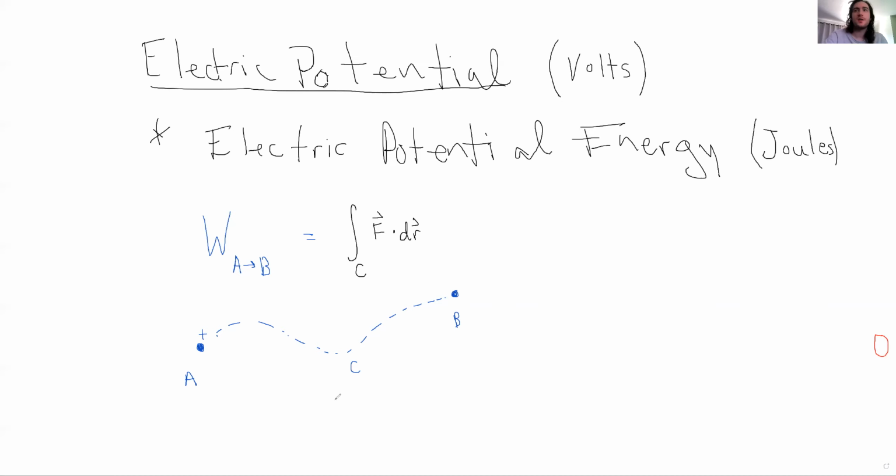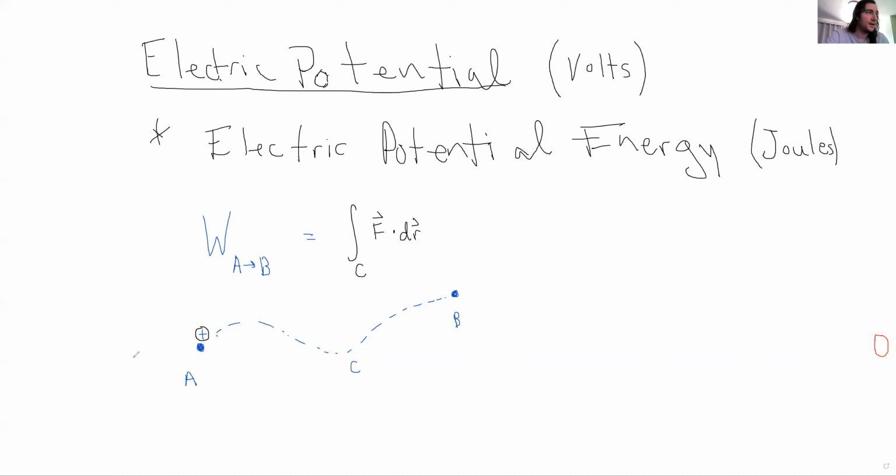The next thing that we should consider for our picture here, let's just recap. We've got this point A and this point B here, and there's some curve connecting those two points. And we've said we have this positive charge over here at the point A, and it's going to move along this path from point A to point B. And there's some sort of electrical force acting on this particle. So it might be a good idea if we draw in some electric field lines now.